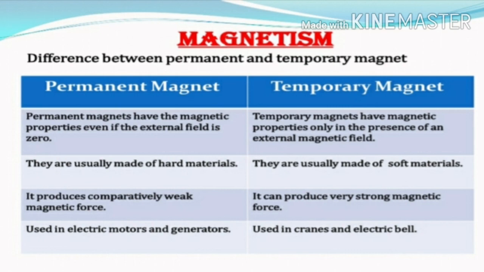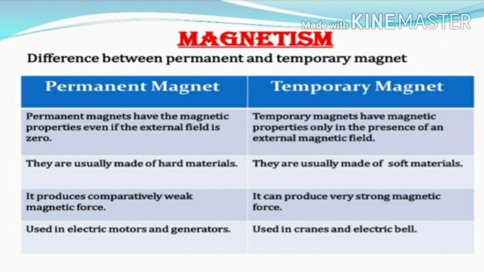Permanent magnets are usually made of hard materials. Temporary magnets are usually made of soft materials. A permanent magnet produces comparatively weak magnetic force. A temporary magnet can produce very strong magnetic force.